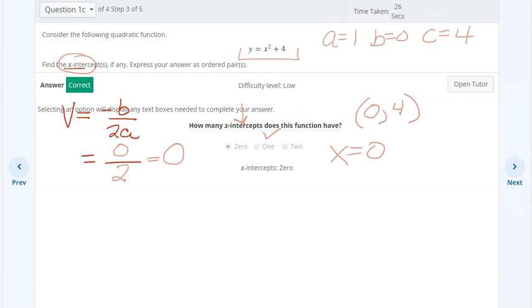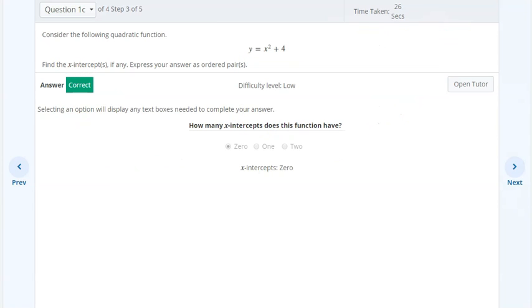We'll clear this up a little. Now, here we're asked, what are the zeros? We're finding the zeros, the x-intercepts. Well, if we make a little graph here and plot our vertex, if you recall, it was 0, 4.